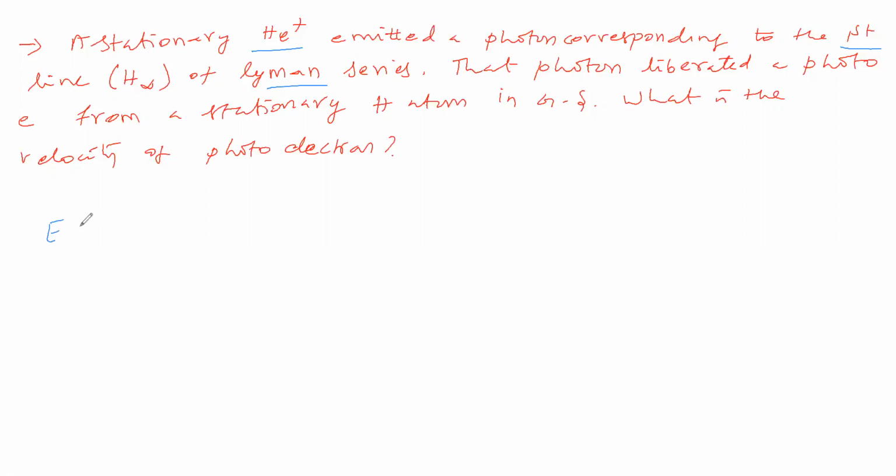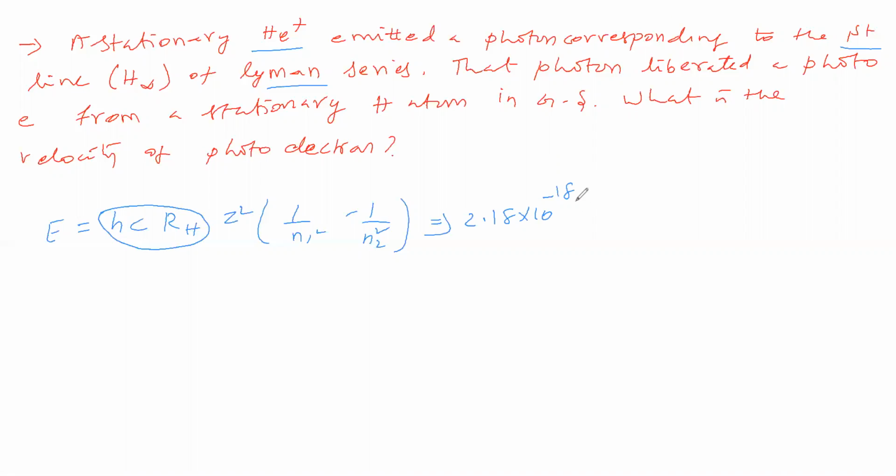So energy is equal to hc times Rydberg's constant, Z square into 1 by n1 square minus 1 by n2 square. Now hc into Rydberg's constant is 13.6 electron volt, in terms of joule, 2.18 into 10 to the power of minus 18 joule.